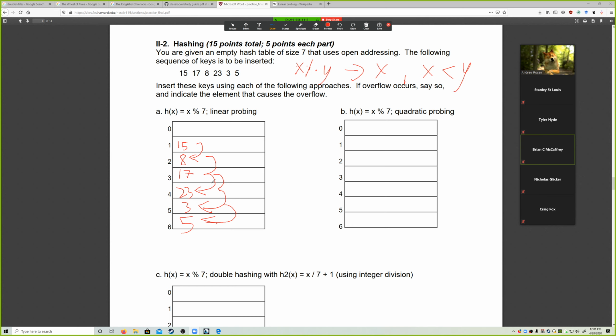All right, next we can do x mod 7, but we're going to use quadratic probing. The first steps are exactly the same: 15 goes here, 17 goes here. Now 8 mod 7 gives us 1, and we want to go here, but we can't, so we look 1 squared away.